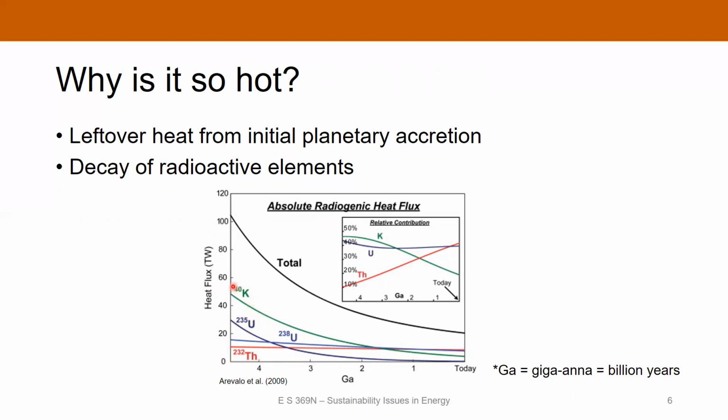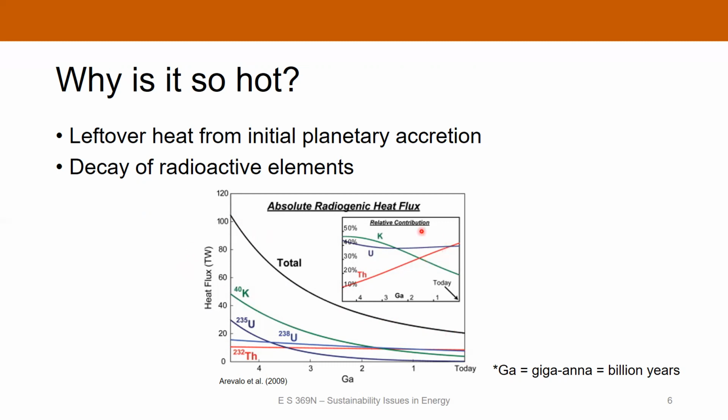So you can see that, due to the nature of radioactive decay, the source term here decreases as we move forward in time, because the decay of those elements means that there's less and less of them around. But the total heat flux just due to radioactive decay today is a little bit less than 30 terawatts, okay?